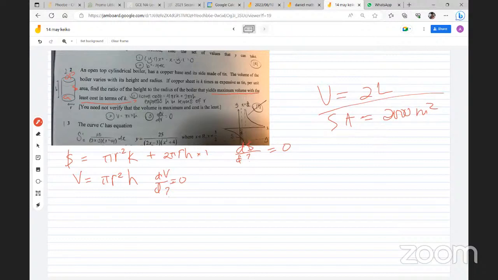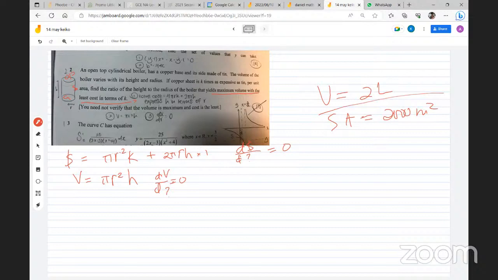What's the minimum cost of a boiler that can go as big or as small as you want? What is the maximum volume of a boiler whose surface area can be up to you? Just make it as big as you want.